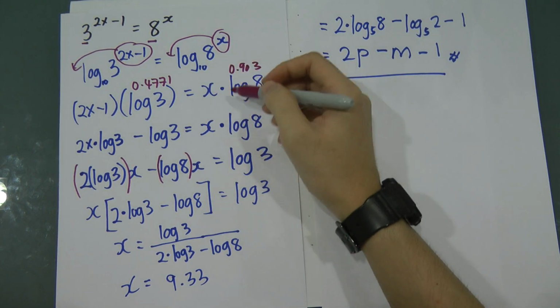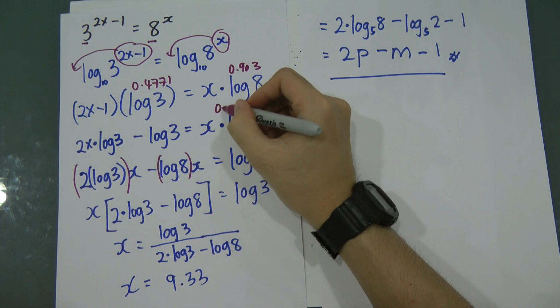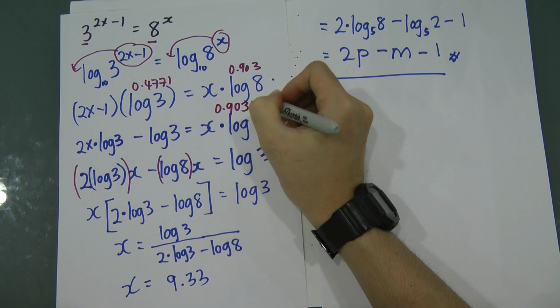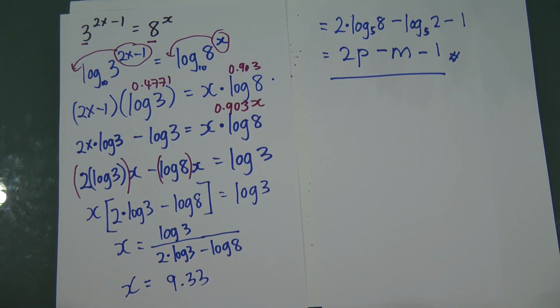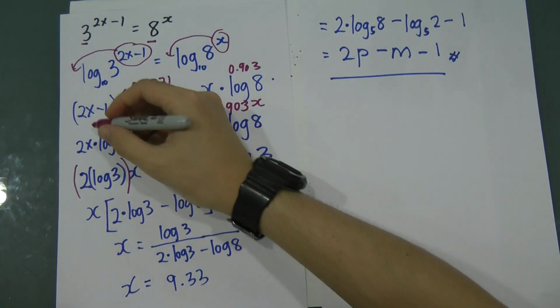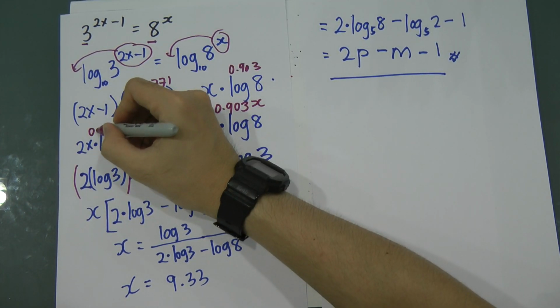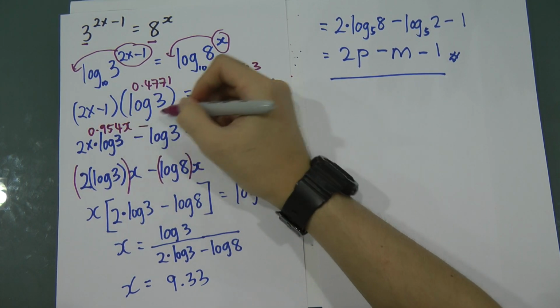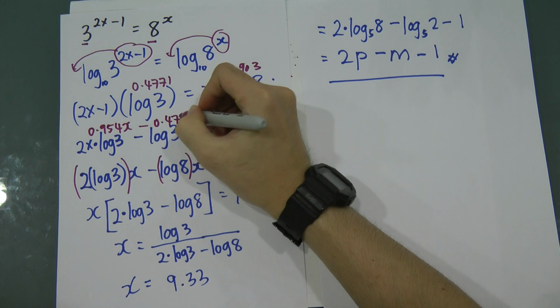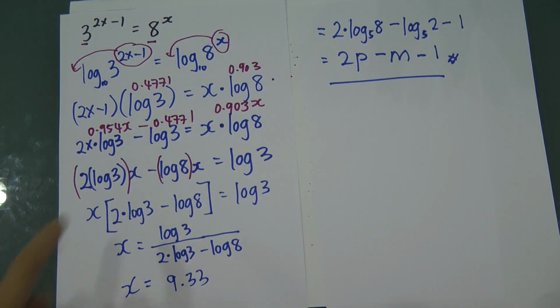You can straight away multiply in, and here you will get 0.903x, and then this one multiplied in, obviously 0.4771 multiplied by 2. If you multiply this one, you get 0.954x, and then minus 0.4771. In this kind of case it's very easy for you to solve, right?